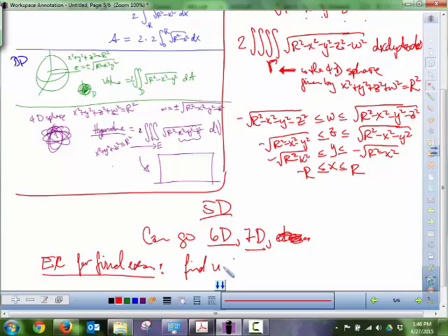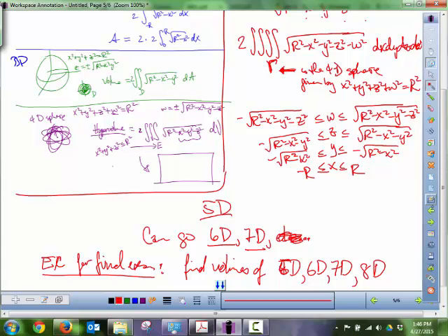So find volumes of 5D, 6D, 7D, and 8D. And that would be worth 1 point each.